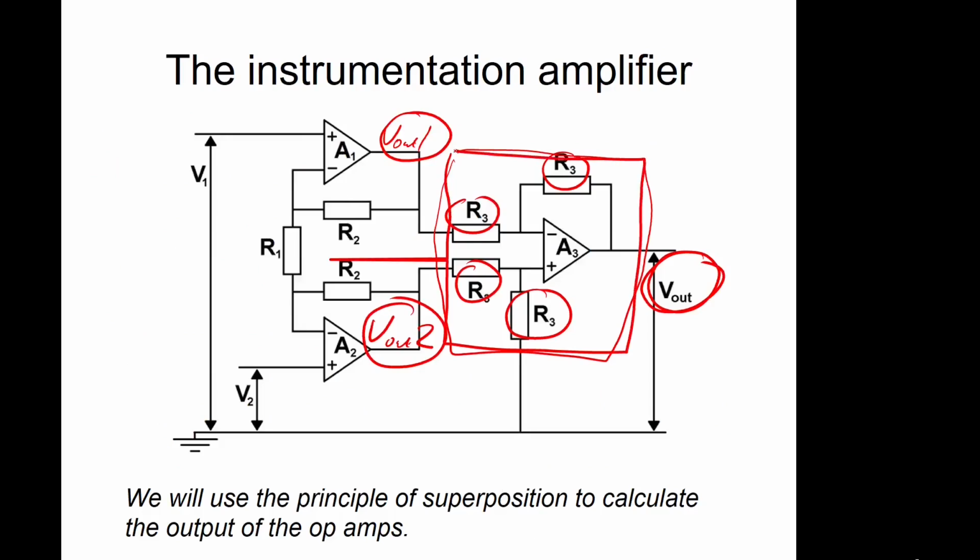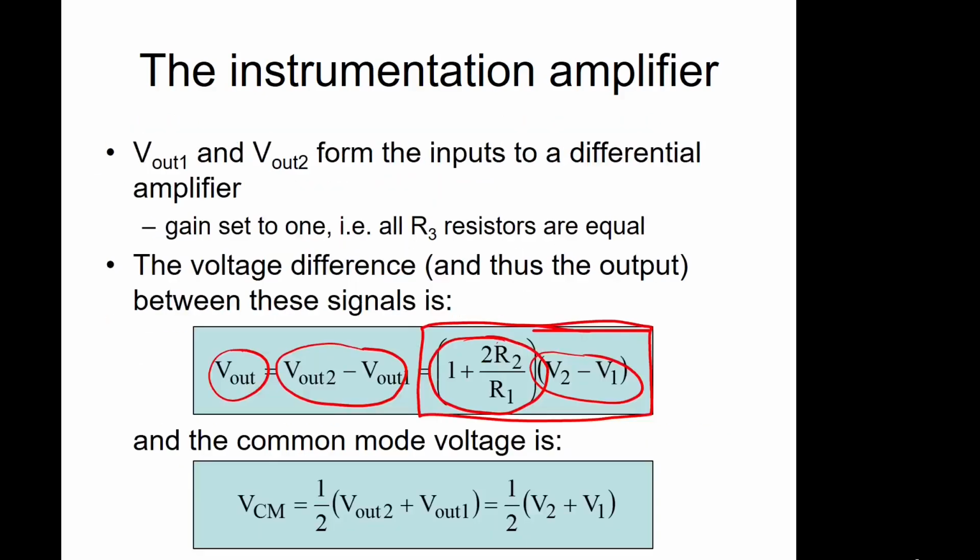And our common mode voltage is the average of the input voltages, which is V out 1 plus V out 2 over 2. And this is going to give us a value for our common mode voltage term. So we've still got the same problem. We've still got an amplification of the difference, but we've also got an amplification of the common mode voltage.